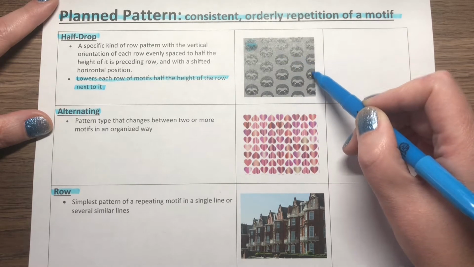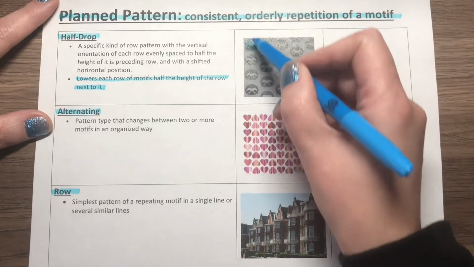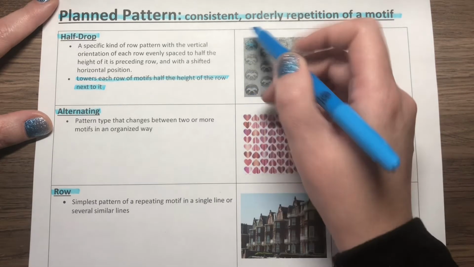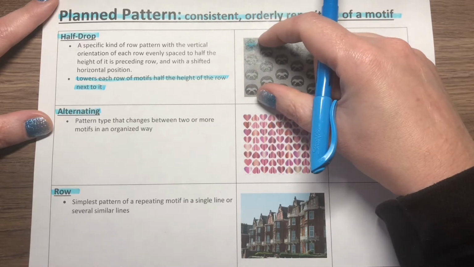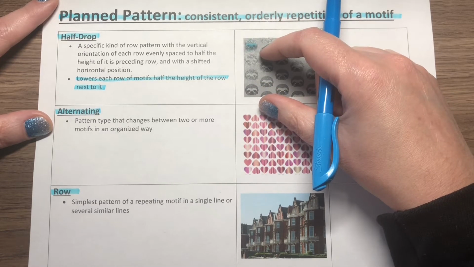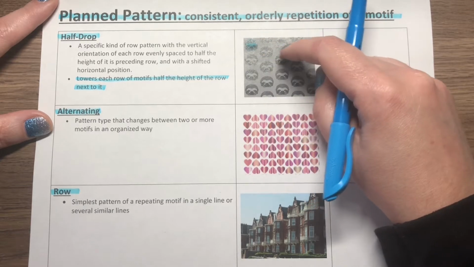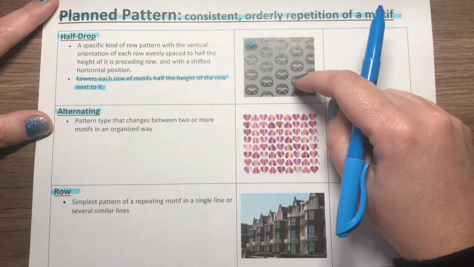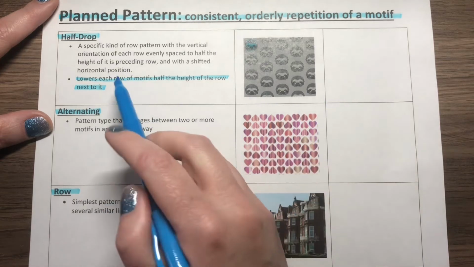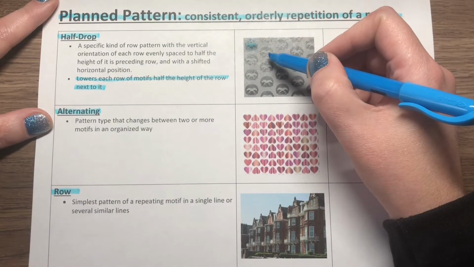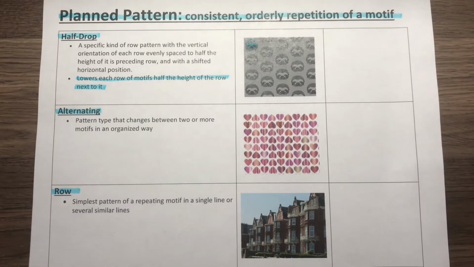If you take something from this row, scoot it over and drop it down, and it matches, it's a half drop. So really all of that boils down to scoot it over and down. And if it matches, then it's a half drop.